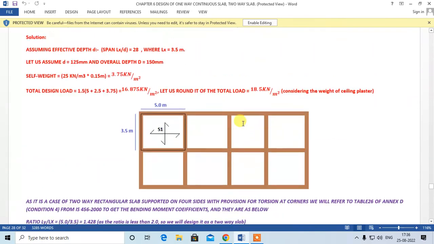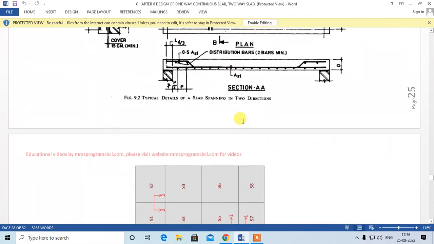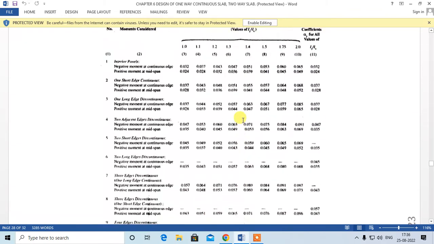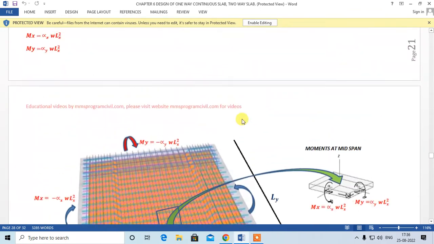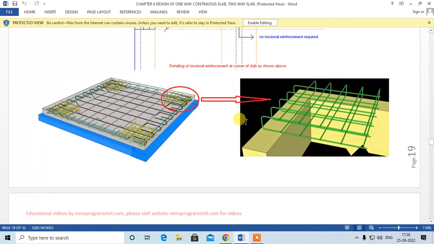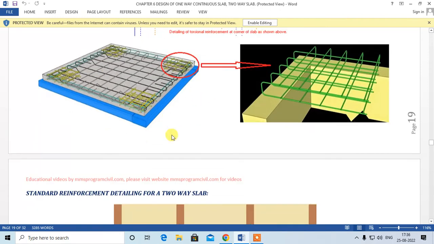So let me show you over here how you can do the detailing of this. Let me come to the figure. Right, so provide these U bars at 200, 200, 200, 200, 200, 200, 200, and 200. So this will give you 8 about 200 mesh at top and bottom of the slab. So this is how we can provide, right?